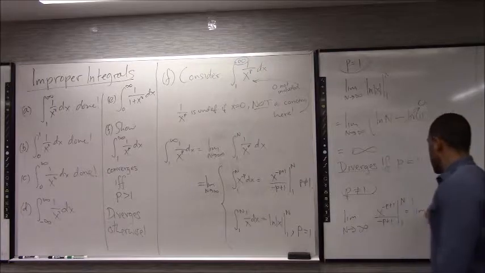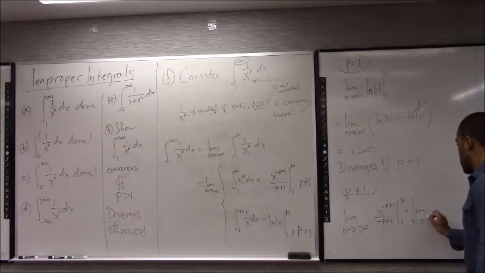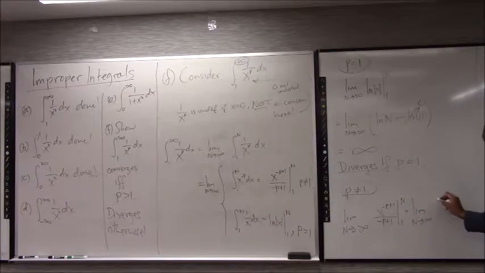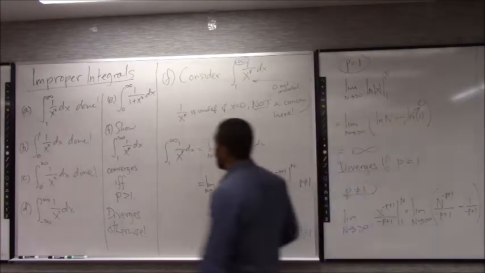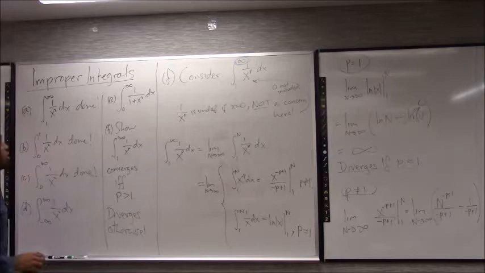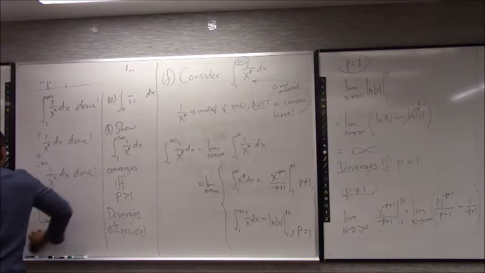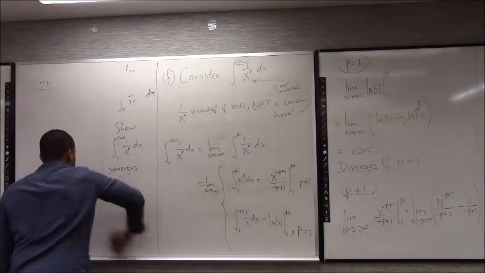If I plug that in, I get n to the minus p plus 1 over minus p plus 1 minus 1 over minus p plus 1. And how do I deal with that?